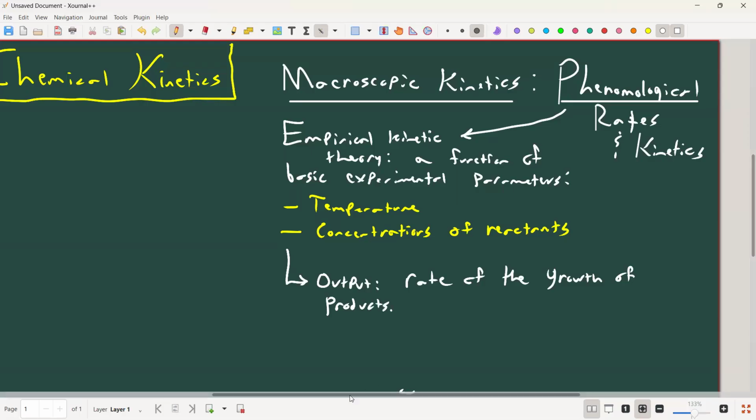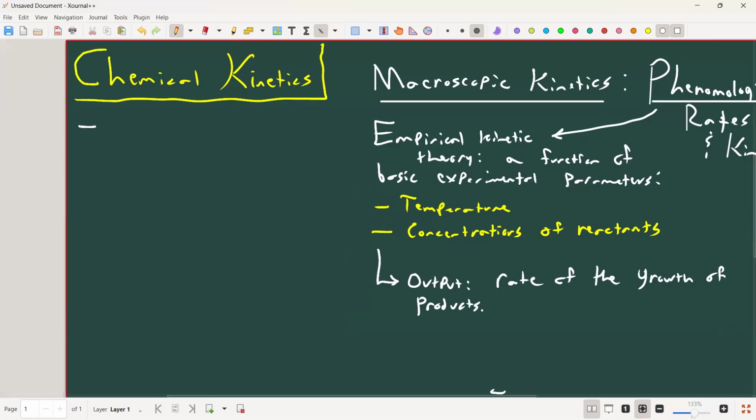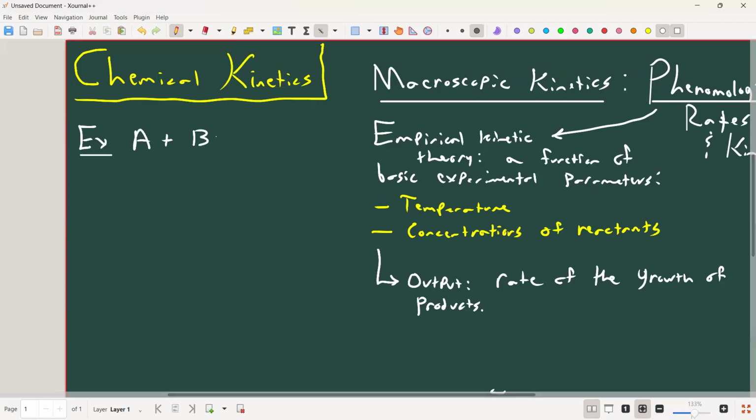For instance, a very simple generic example of this is some reaction A plus B goes to P, the product.